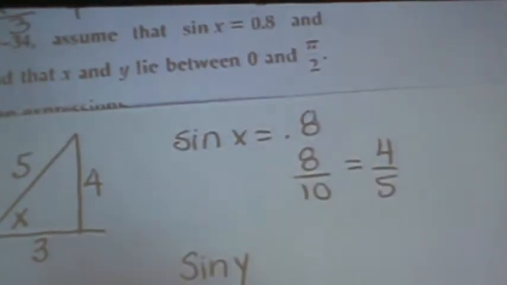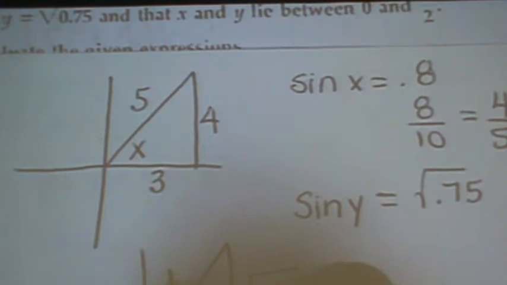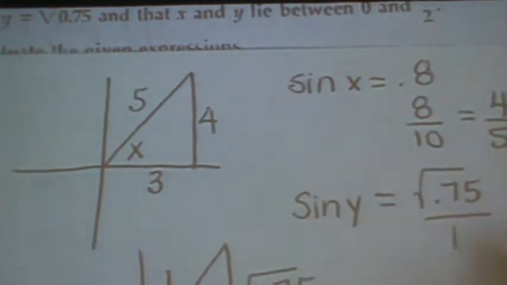Next, our y value is in quadrant 1 also. And for this one, they just give you that y is root 0.75. So I'm just going to call this 0.75 in this one, because I can make a ratio with that.